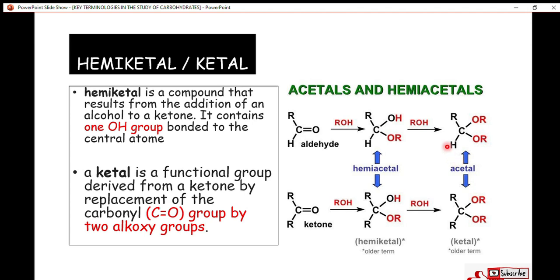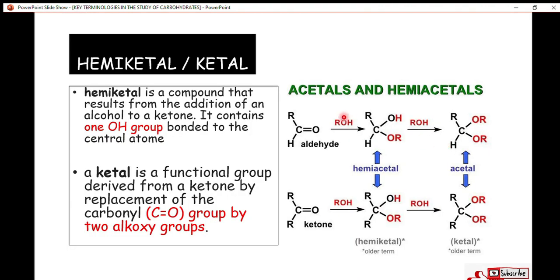It's very, very important before we can study carbohydrates. You have to know these very basic definitions: anomers, epimers, mutarotation, hemiketals, ketals. You have to know all these definitions.